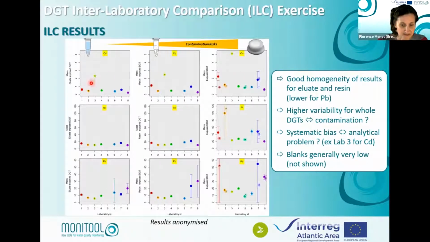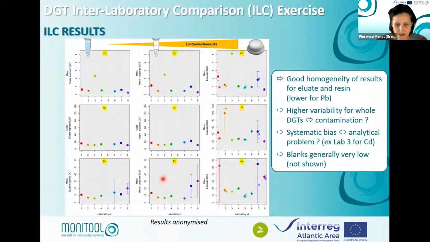We can also see that in some cases, like for lab 3, there was a systematic bias, which is likely due to an analytical problem, a problem of accuracy of the analysis. And for information, the results are not shown here, but blanks were generally low for all these analyzed metals.